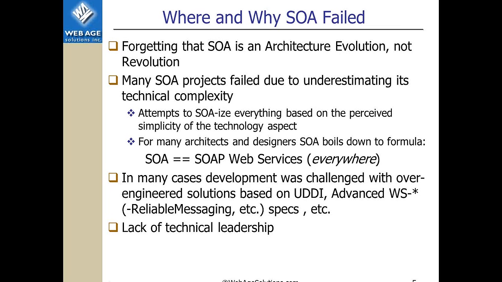So many projects failed because everyone wanted to jump on that bandwagon and try to SOA-ize, so to speak, as there is a word of that type, everything within the enterprise. And in many cases, SOA was understood by architects as just a bunch of SOAP web services, rather than rethinking the way the enterprise functions.